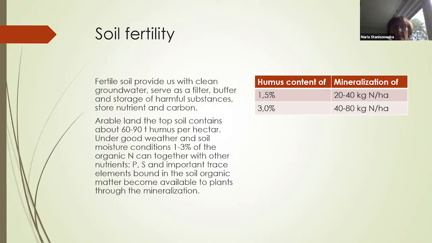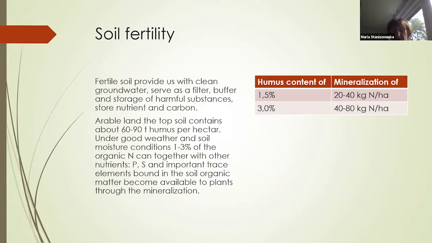In arable land, the topsoil contains about 60 to 90 tons of humus per hectare. Under good weather and soil moisture conditions, 1 to 3% of the organic nitrogen, together with other nutrients, phosphorus and sulfur, and important trace elements bound in the soil organic matter, will be available to the plants through mineralization.